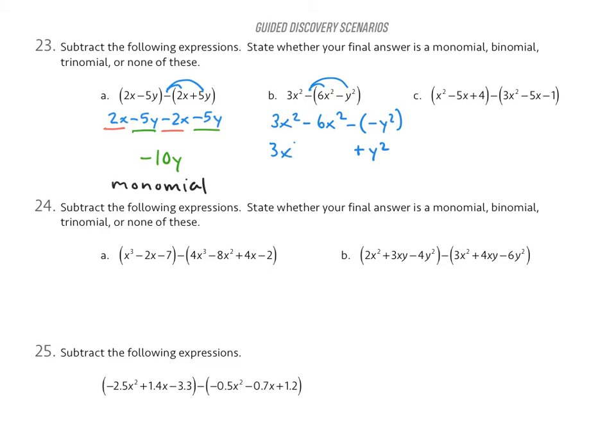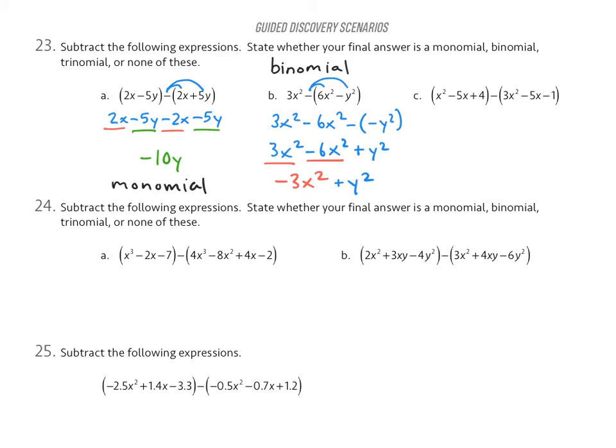I'll bring down the other terms, 3x squared minus 6x squared, and then look for terms that I can combine. 3x squared can be combined with minus 6x squared. That would be negative 3x squared. And then plus y squared cannot be combined with any other terms, so I will bring that down. And then I can look at my two terms. They can't be combined, so that is a binomial.